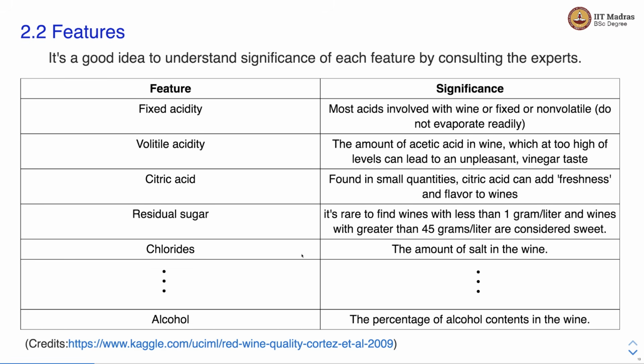Then chlorides, which is the amount of salt in the wine, and finally alcohol, which is the percentage of alcohol content in the wine. So whenever you are solving a machine learning problem and once you get the data, it's a good idea to document the features and their significance by consulting the experts.